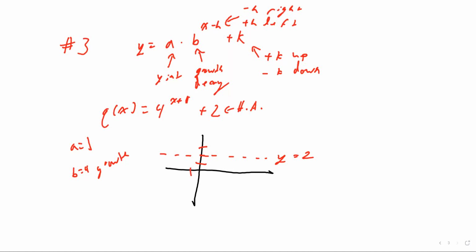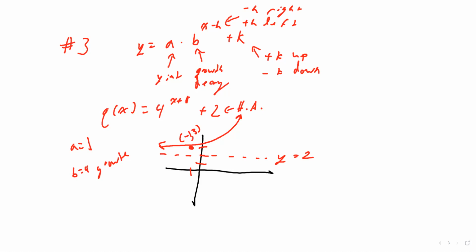Moves it to the left. So there is my new y-intercept. I know it's kind of crazy to think of that, but that's kind of like your starting value. So you're originally at 1. The plus 2 moved you up 2. And then the plus 1 moved you here. So you have a coordinate that's very specific, -1, 3. After that, all I care about is, all right, it's a growth. So it should look something like this.